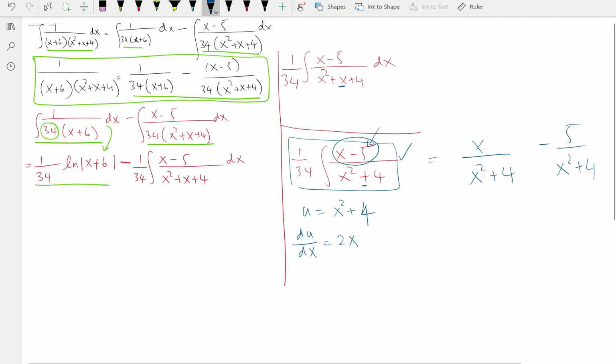We divided each term in the numerator by the denominator. We did that because 5 was an obstacle and we didn't have a constant term in our derivative, right? We just had that x term.